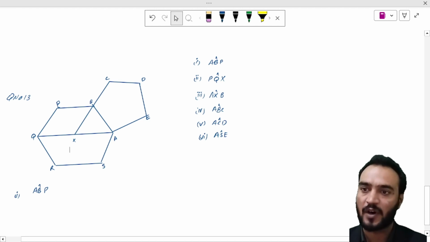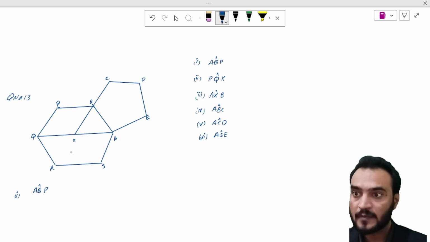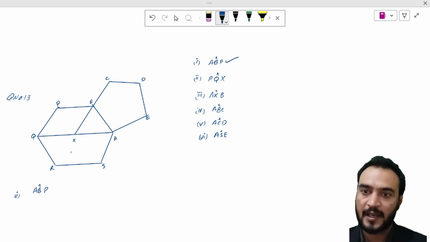First of all, we have to find the angle ABP. You know that ABP is the interior angle of the hexagon, and this is a regular hexagon.